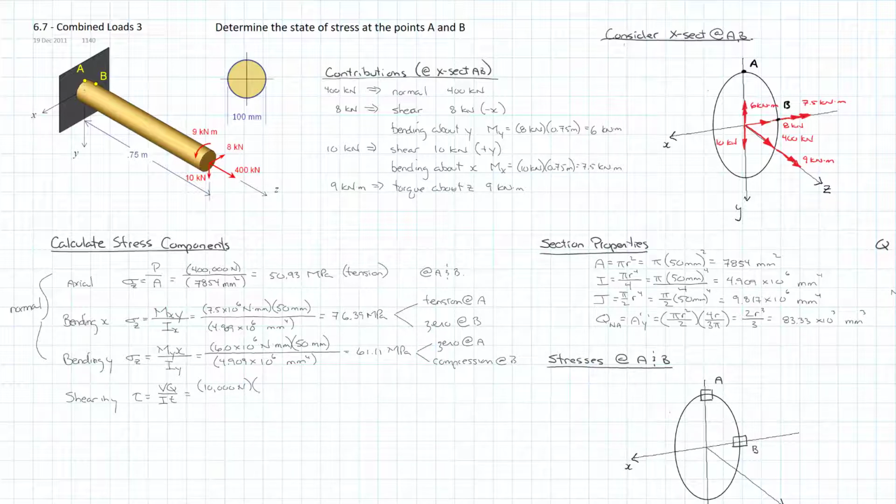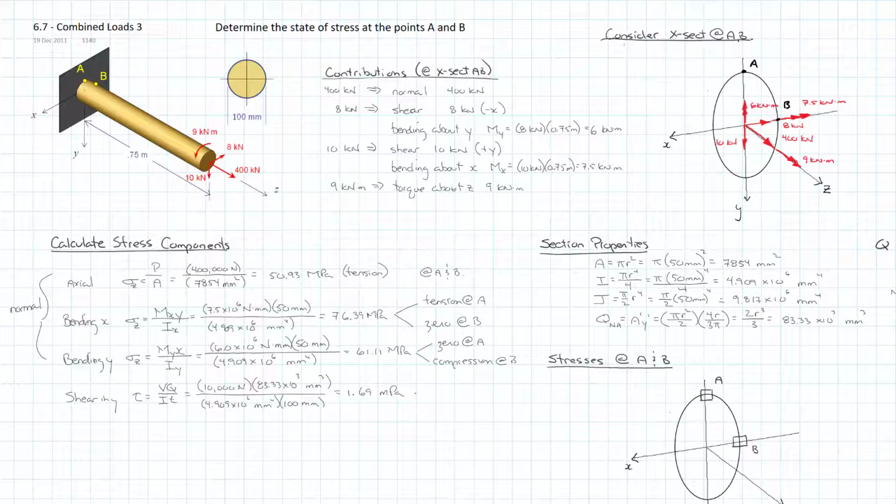And our Q we calculated is 83.33 times 10 to the third millimeters cubed, all divided by our I, 4.909 times 10 to the 6 millimeters to the fourth, times our thickness, which is the diameter across that neutral axis. So it's the full diameter of the cross section, which is 100 millimeters. And so that gives us a value of 1.69 megapascals.